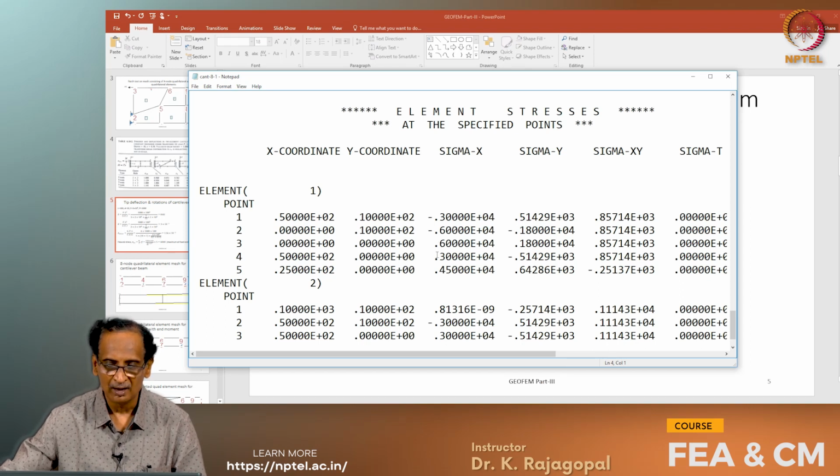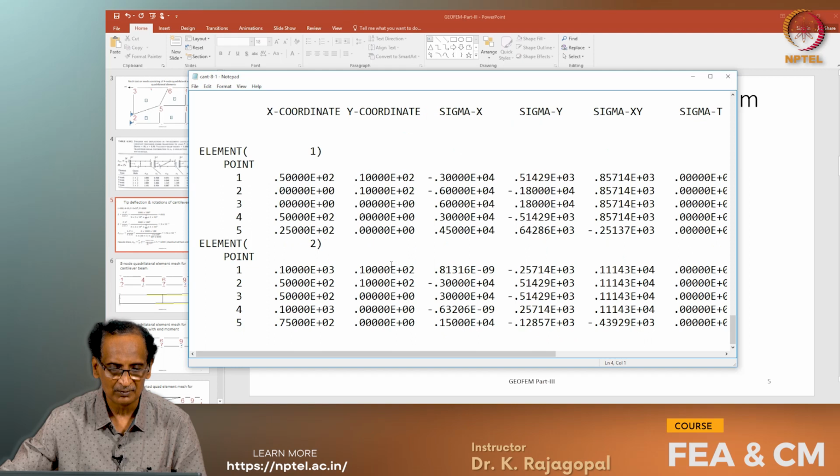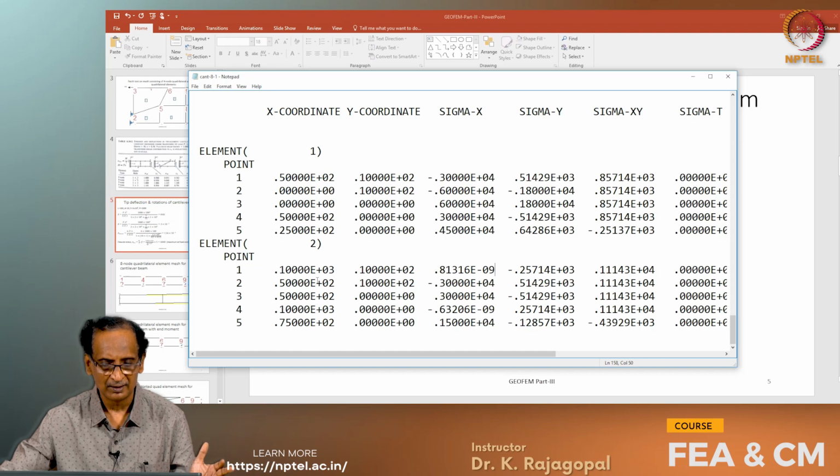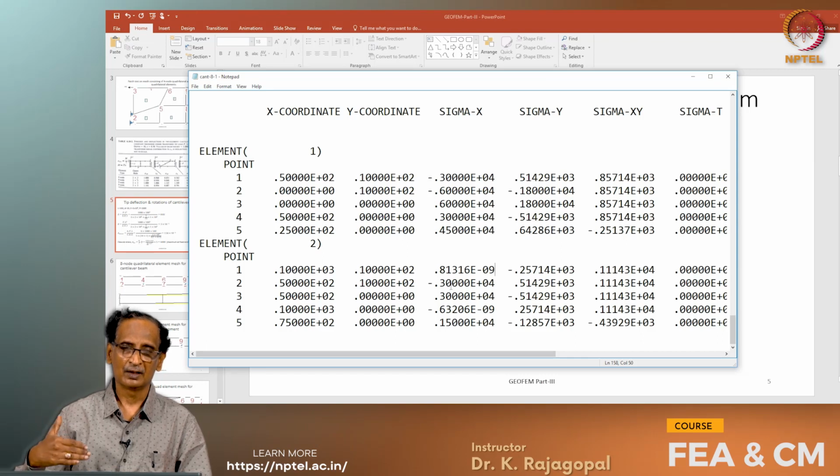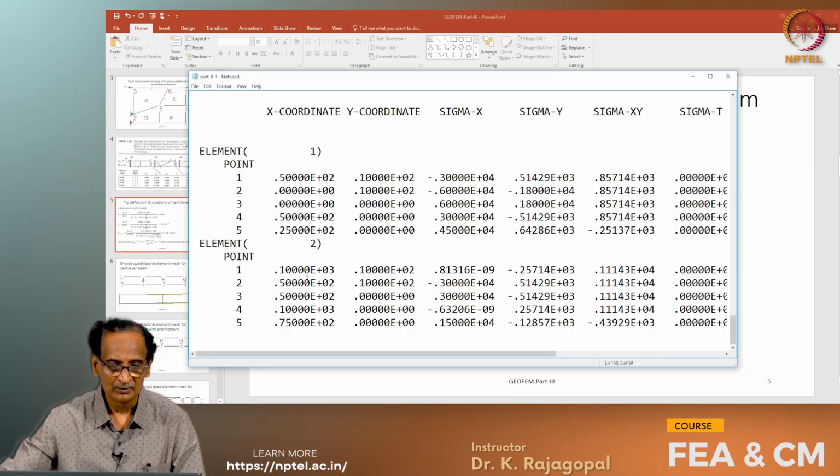And then at the tip when x is equal to 100, our bending stress is 0 because that is the free end, and at mid length, both element 1 and element 2 give the same stress of 3000, minus 3000 at the top and 3000 at the bottom. Okay.